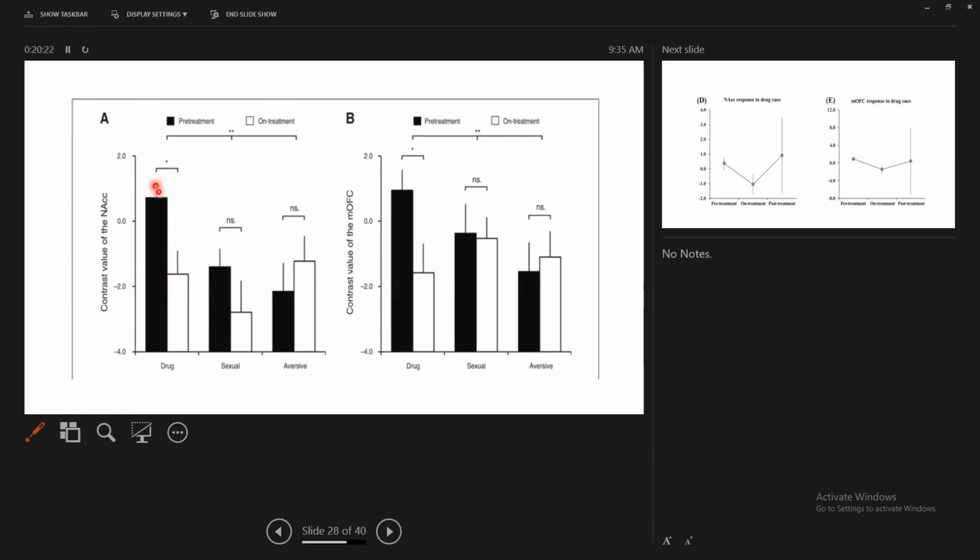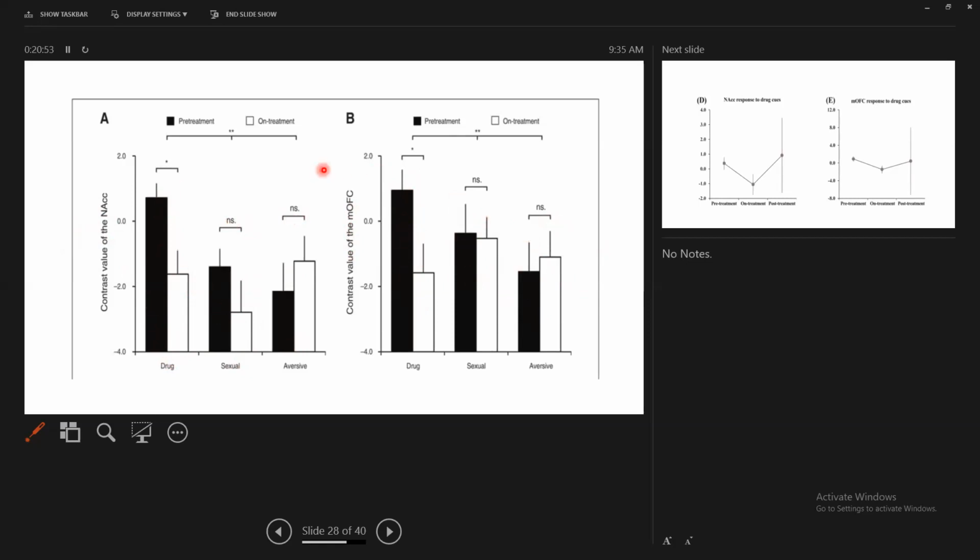Now what they have told, in the NAcc part, only in the drug-related stimuli they have found a significant difference in the neural activity from the pre-treatment to the on-treatment part, but non-significant differences, NS, in sexual and aversive stimuli. Again, in the MOFC part, they have found significant differences between these two for the drug-related stimuli, but not for the sexual and aversive stimuli.